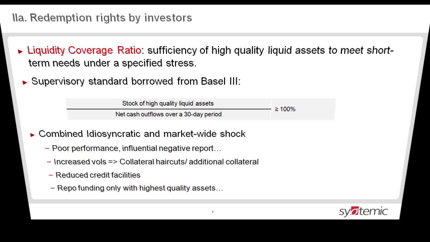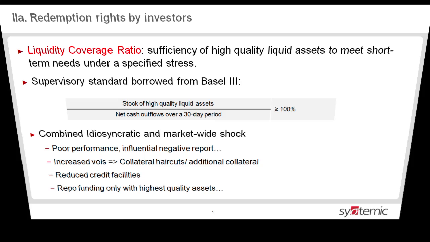What is measured is the ratio of high quality liquid assets, meaning the assets that you can easily sell in the market, divided by the potential cash outflows over a 30-day period under stress situation. This ratio needs to be at least 100% in order for you to be safe.